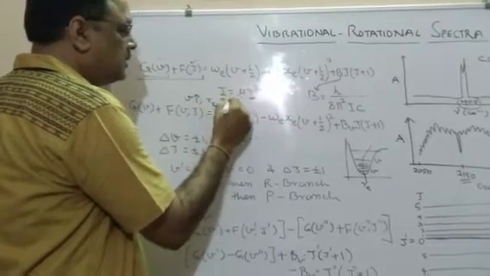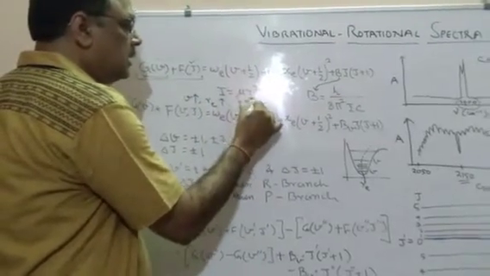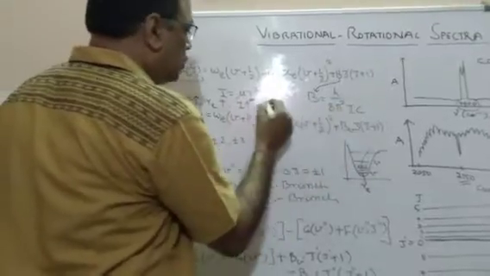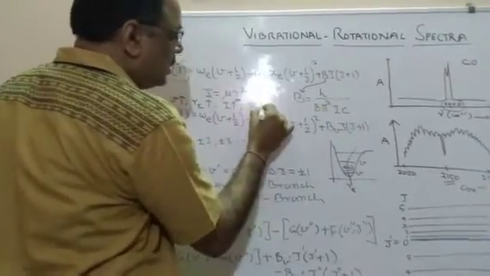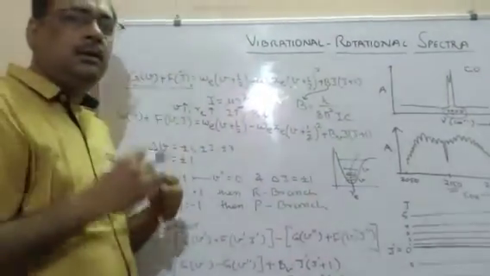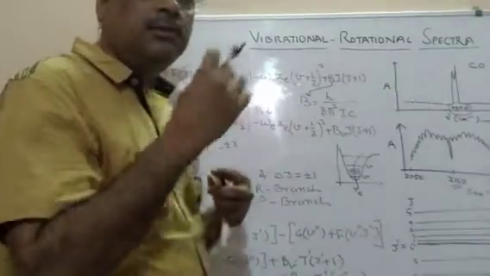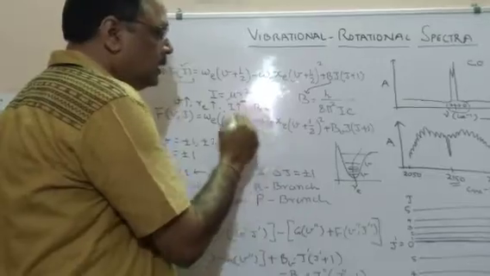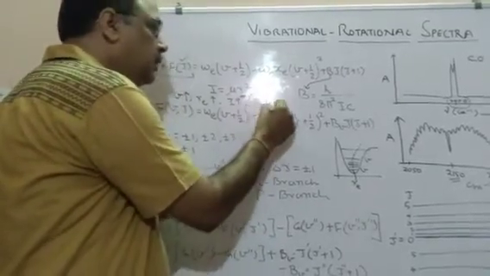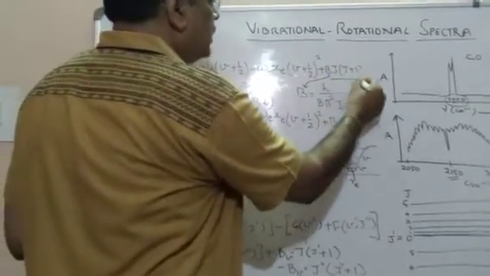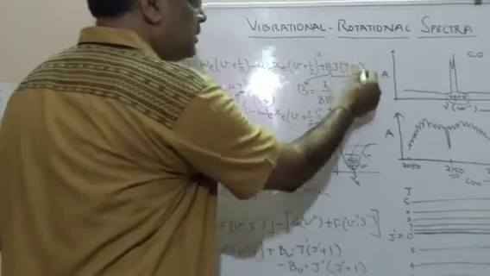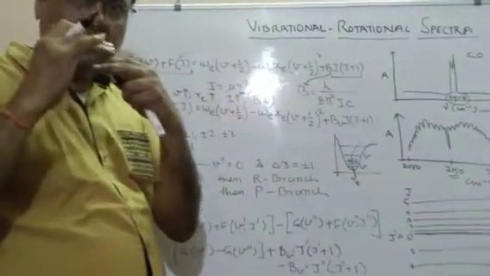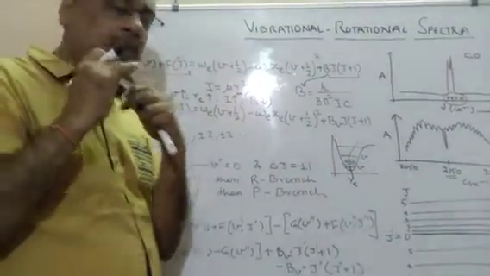If r is increasing, I will increase, and if I increases, B will decrease. It means for higher values of v, B will decrease, and this B determines BJ(J plus 1). For the same J value, this determines the spacing between the rotational levels.